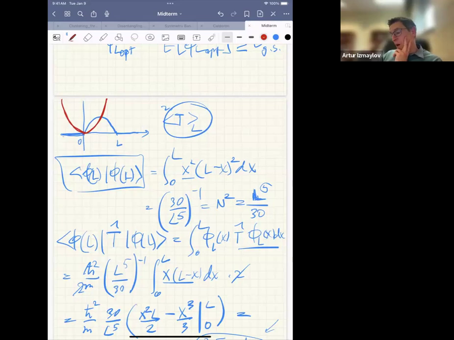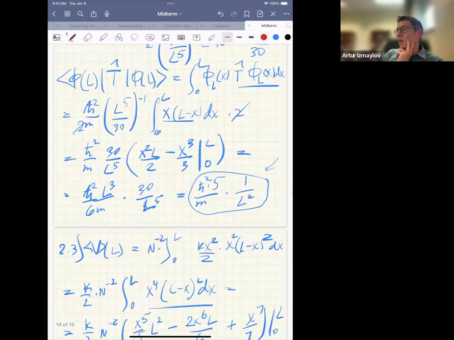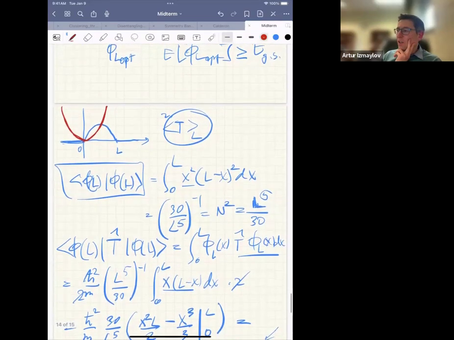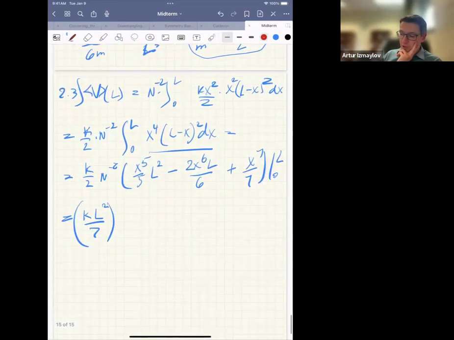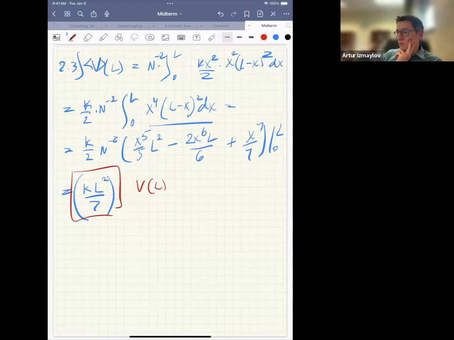One can do the problem with a different function, which is more in the center, and it will have a lower energy. But we have this potential energy as a function of L, and this is the kinetic energy as a function of L. And now the question is, what is L optimal? That's the number 4.